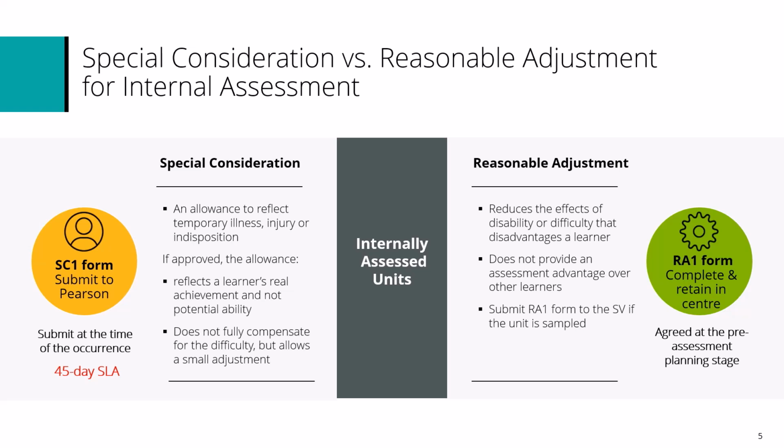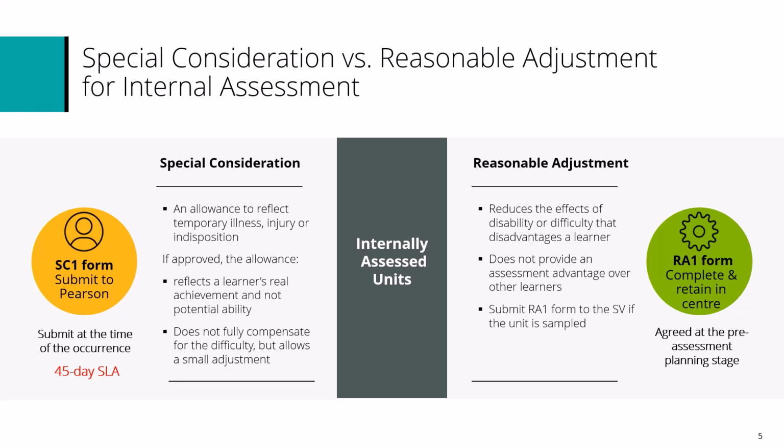The key point here is the service level agreement to review applications for internal assessments is 45 days. A link to a video on special considerations is available to you.